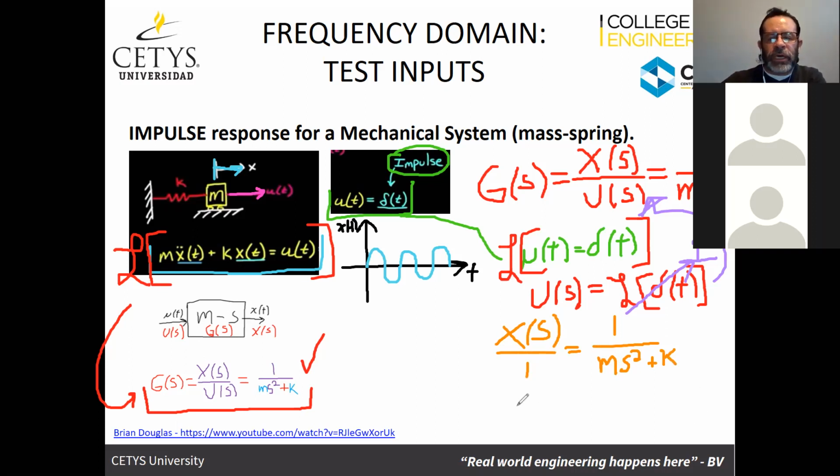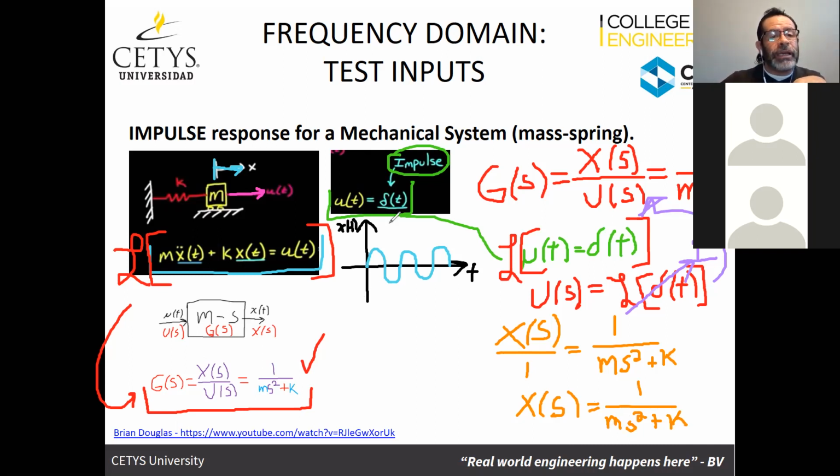And I believe you guys would agree with me that X of s, in this case, because it's divided by 1, which is the output that I'm looking for, would be equal to 1 divided by ms squared plus k.